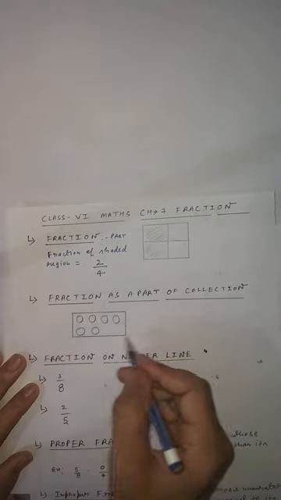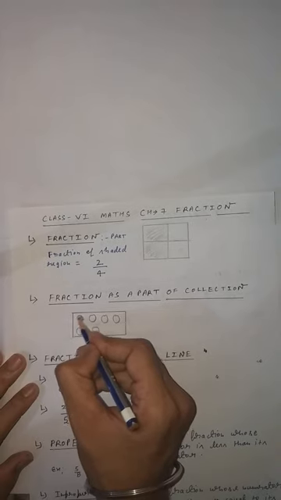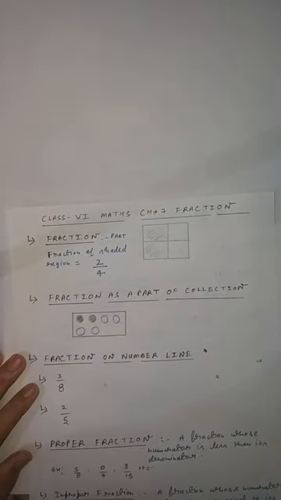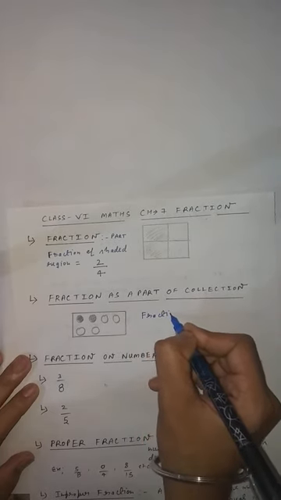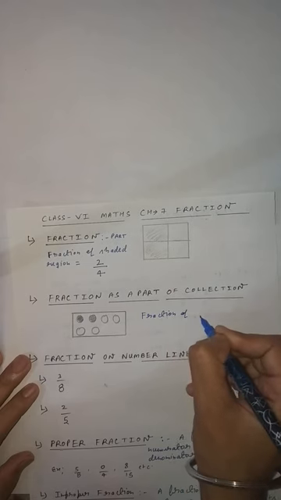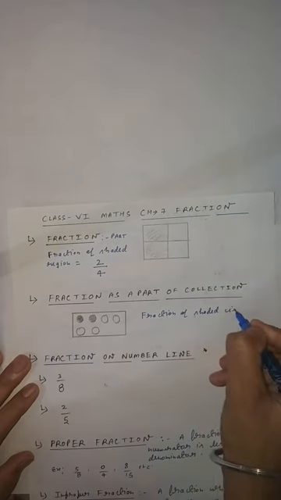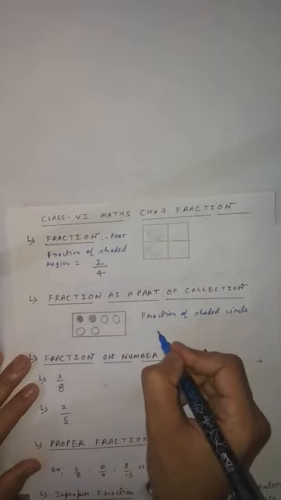Clear, students? So here the total number of circles is 6, but if you shade 2 circles and you want to know the fraction of shaded circles. Clear, students? So you know what the rule is?